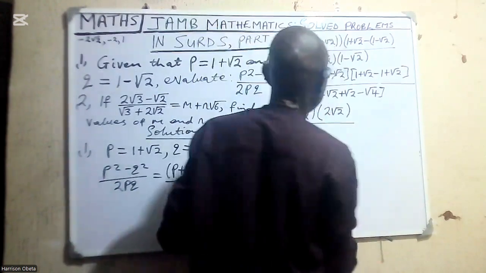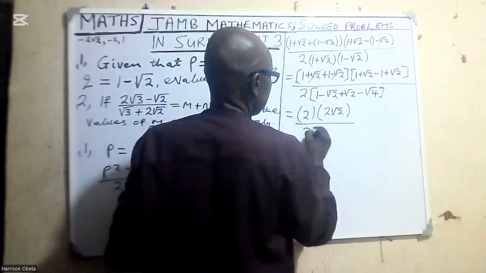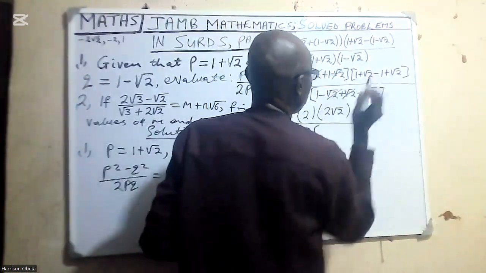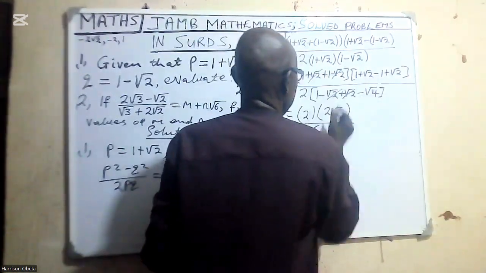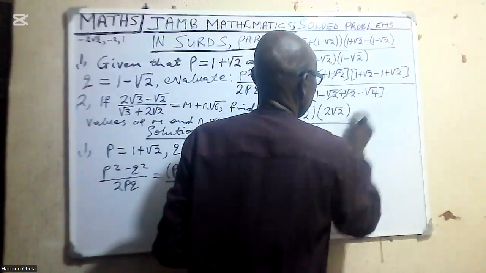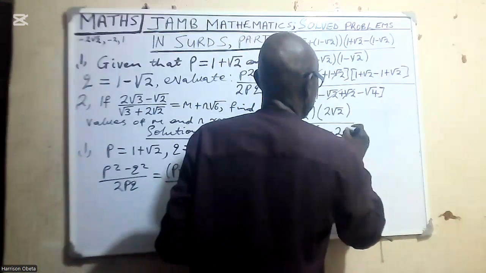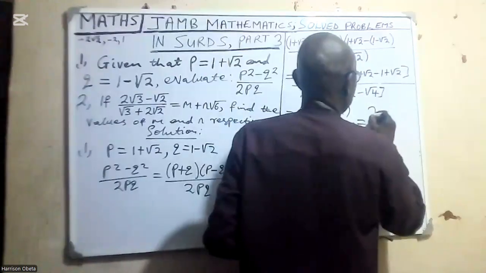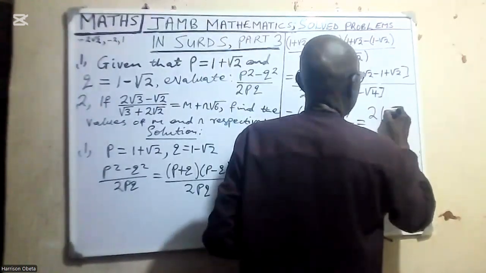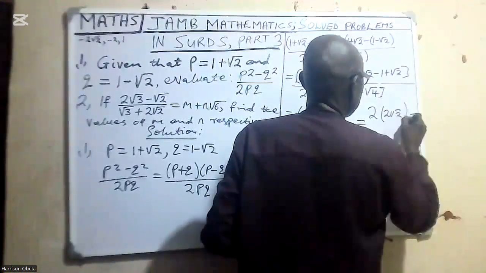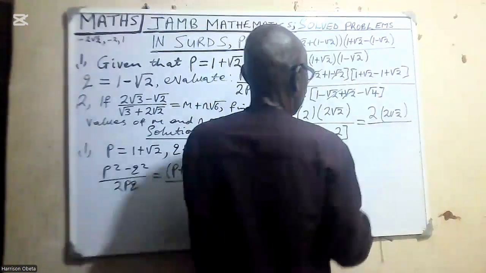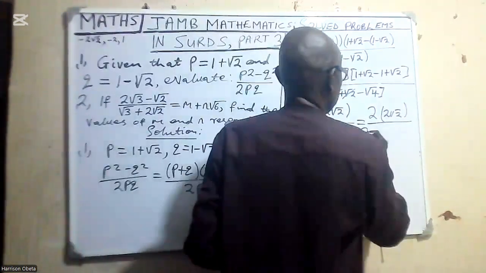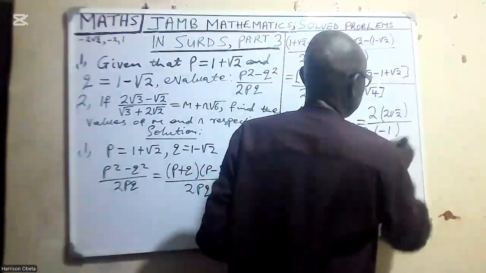Then all over, again, 2 into, this and this will also disappear. Then this will give us 1 minus root 4 is 2. And that is 2 into 2 root 2 all over 1 minus 2 is minus 1. 2 bracket minus 1.